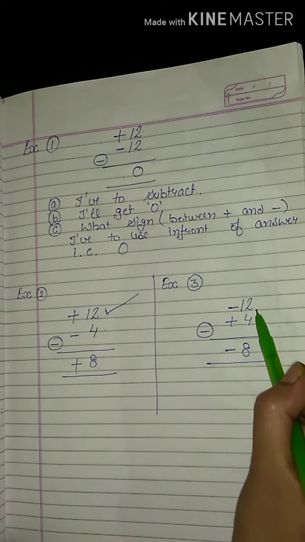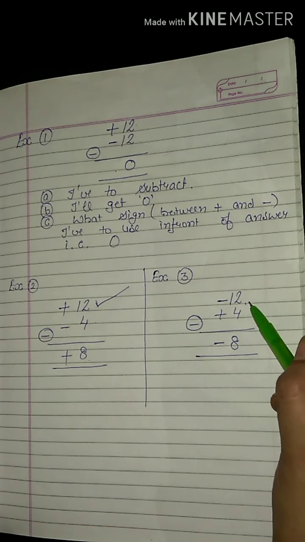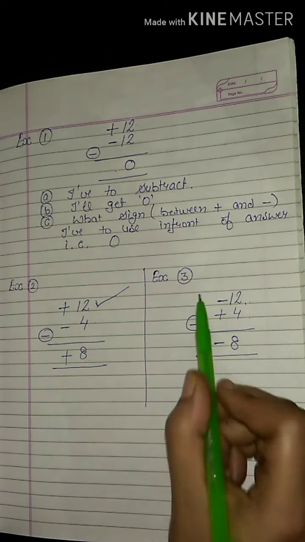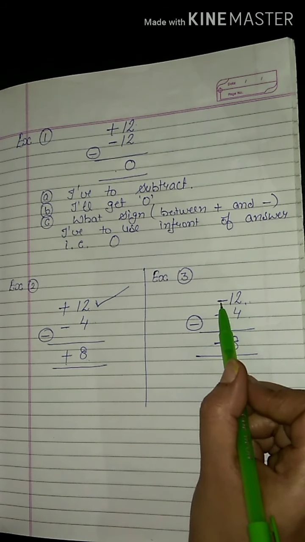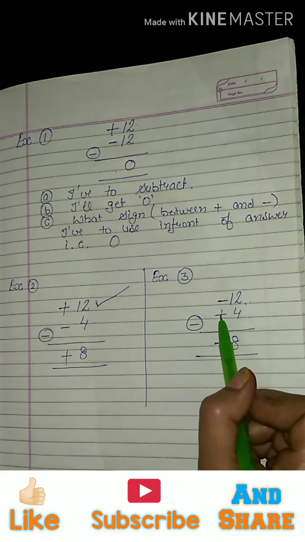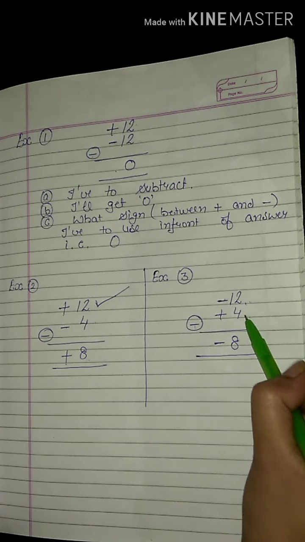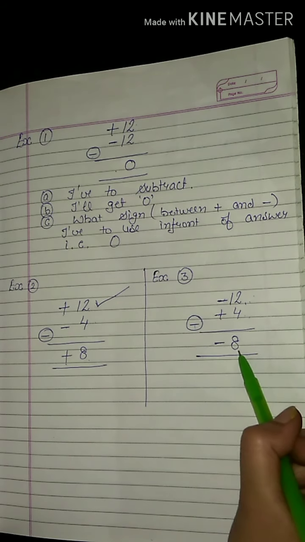Another example. Now I have taken negative 12 and positive 4. Again, the first operation I have to apply is on the mathematical signs, plus minus minus, which means I have to subtract. Subtract 4 from 12. The answer is 8.